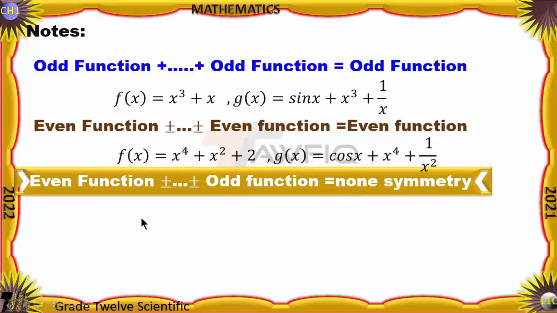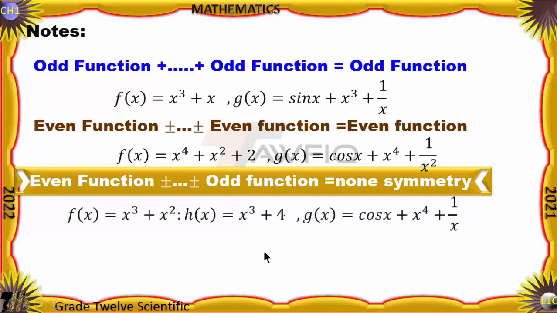An even function plus or minus an odd function is non-symmetric. f(x) equals x cubed plus x squared, h(x) equals x cubed plus 4, g(x) equals cosine x plus x to the power 4 plus 1 over x.